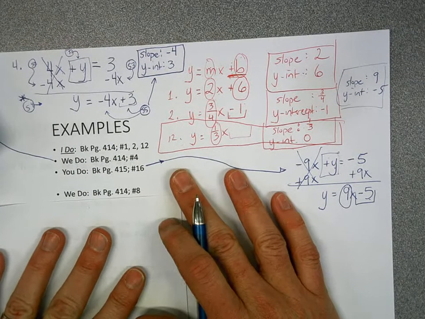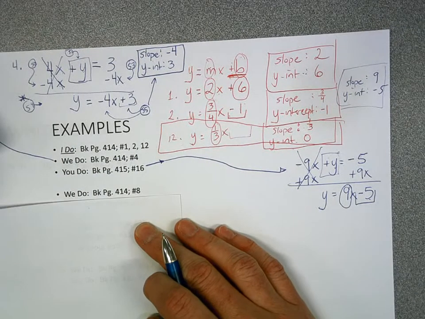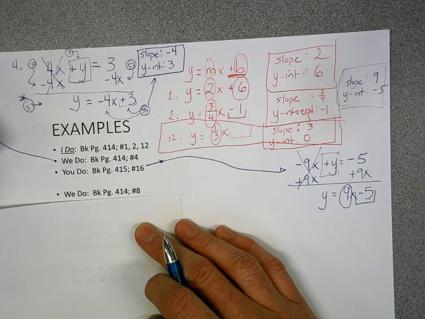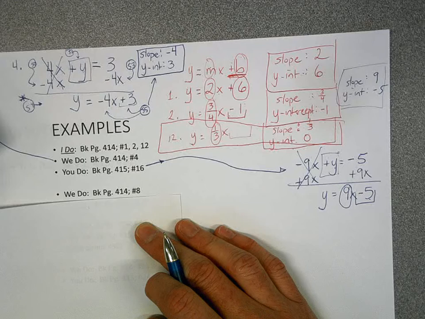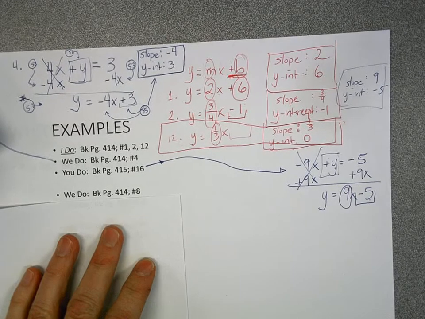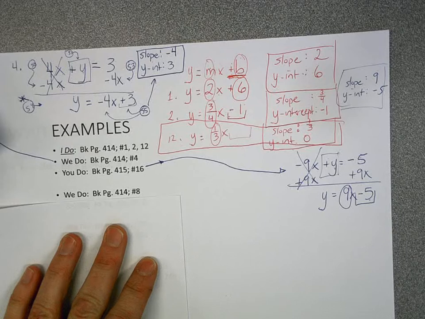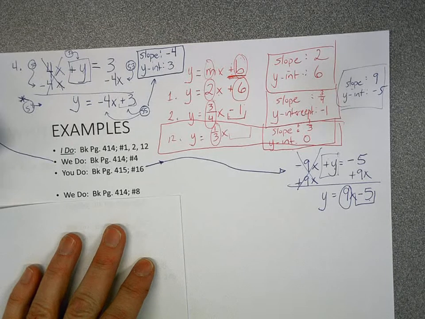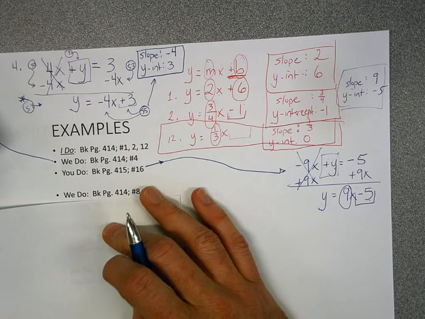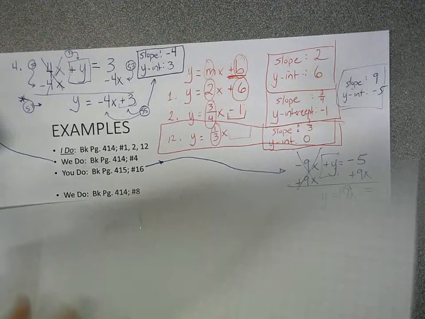Let's take a look at problem number 8. Problem number 8 says graph each equation using the slope and y-intercept. All right, so I'm going to come out with my graph paper here.